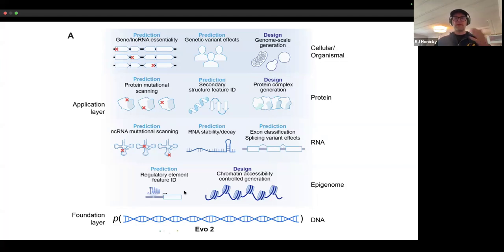And then things in the epigenome. The epigenome is the other physical mechanisms that cause genes to be more or less expressed, and chromatin is one of the most important things with that. So, making predictions about that.